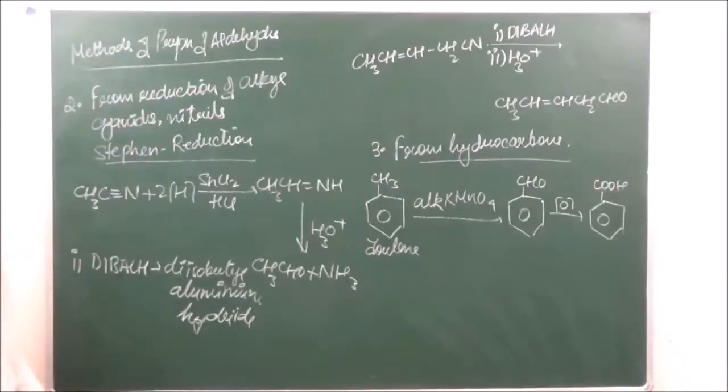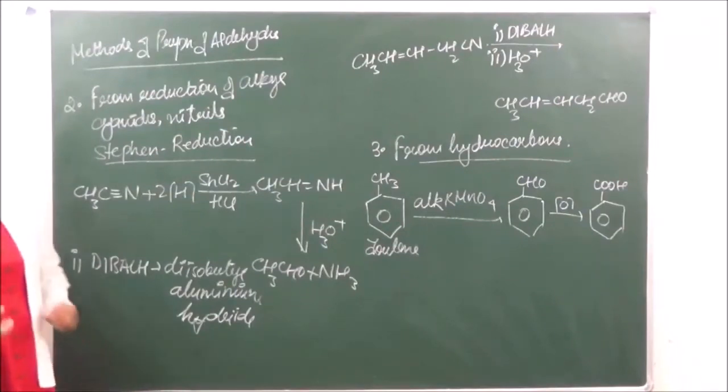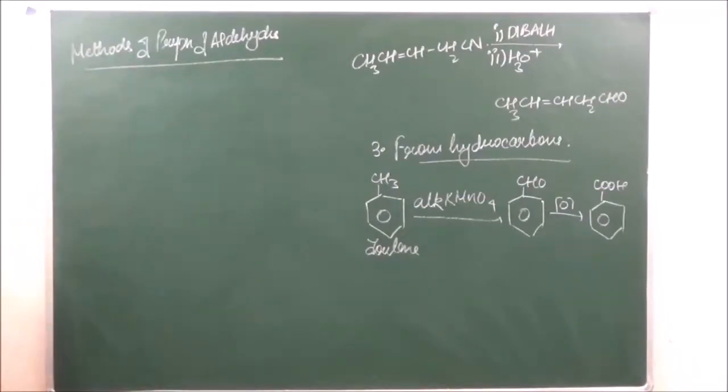Now if we want to stop the oxidation at the CHO part, and we do not want the acid to be produced, we can do so by the following methods. In order to stop the reaction at the aldehyde point, what can we do?